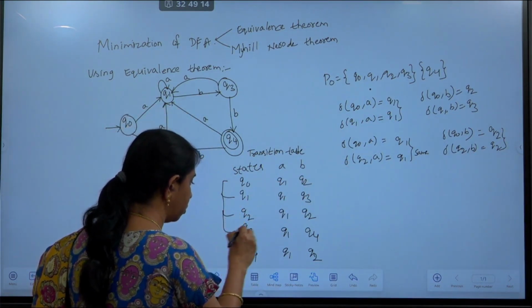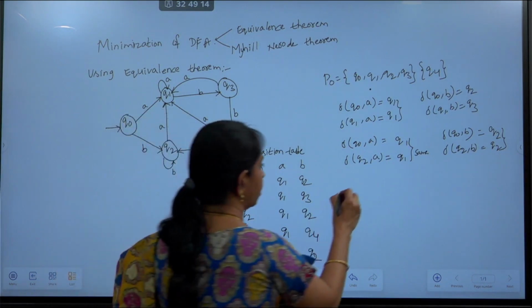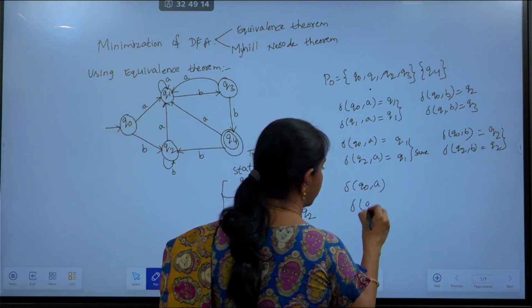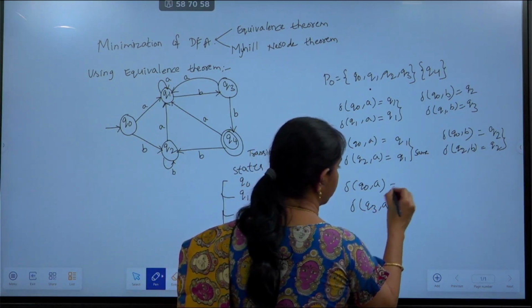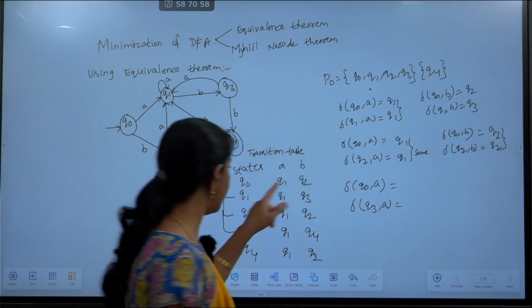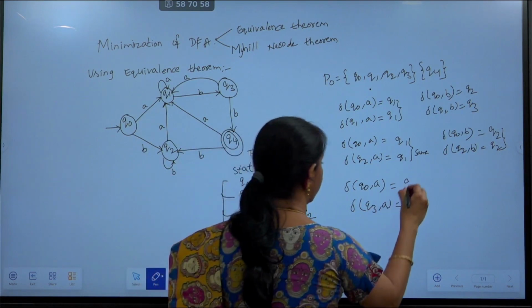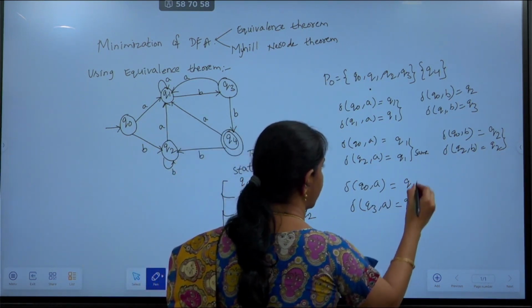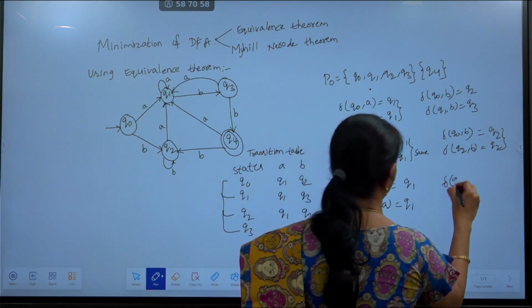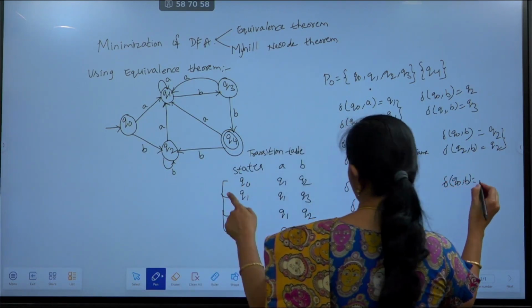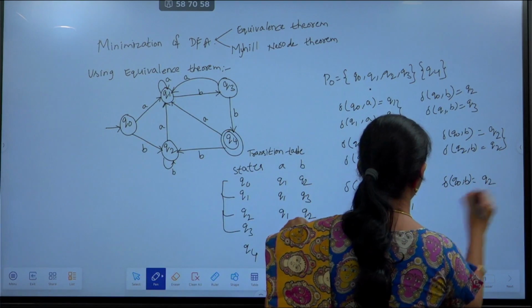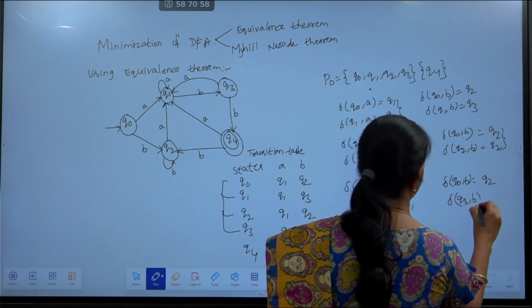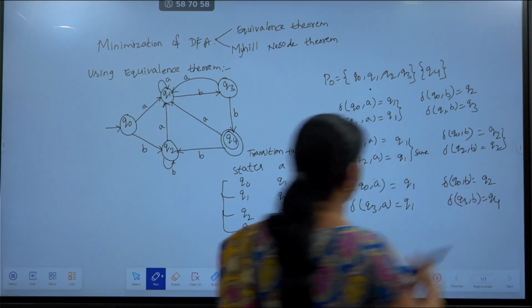Now check Q0 and Q3. Delta of Q0 comma A, delta of Q3 comma A. Compare. Q0 comma A is Q1. Q3 comma A is Q1. Both are in the same state. Delta of Q0 comma B is Q2. Q3 comma B is Q4. Now check the comparison.